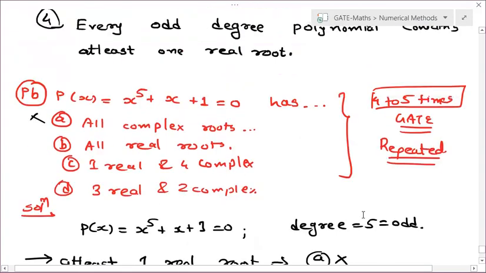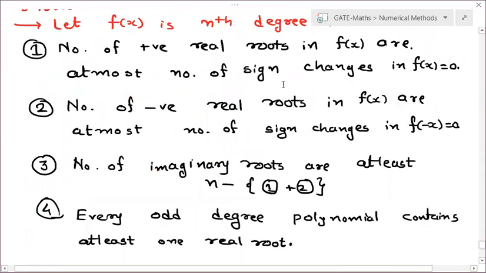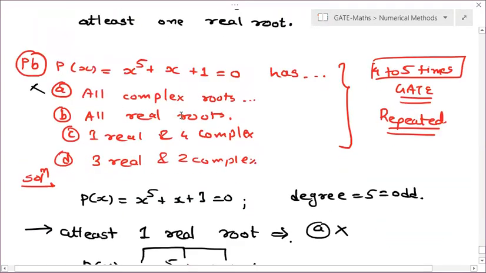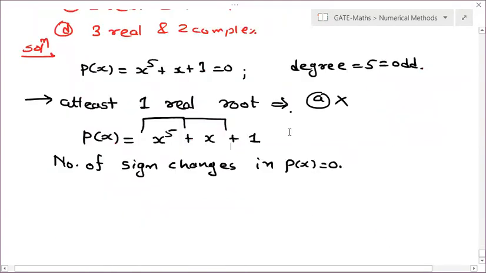That means the number of positive real roots is at most the number of sign changes, so here there are no positive real roots.